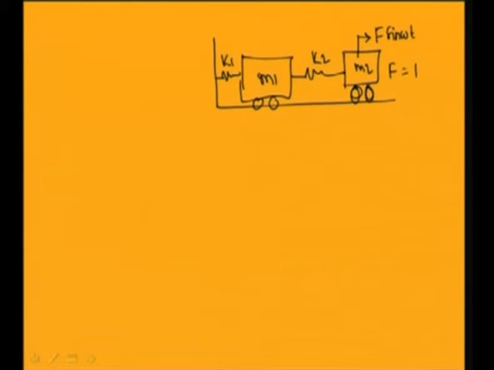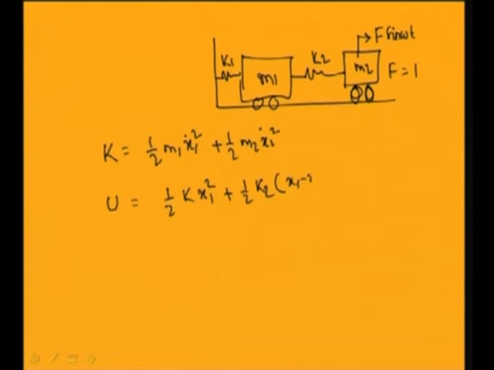By using the Lagrange principle, I can write the kinetic energy of the system T equal to half m1 x1 dot square plus half m2 x2 dot square, and potential energy U equal to half k1 x1 square plus half k2 (x1 minus x2) square. Similarly, the work done equals the displacement into the force.